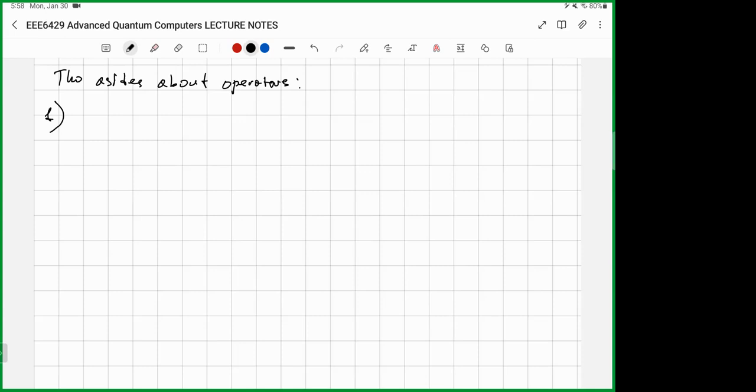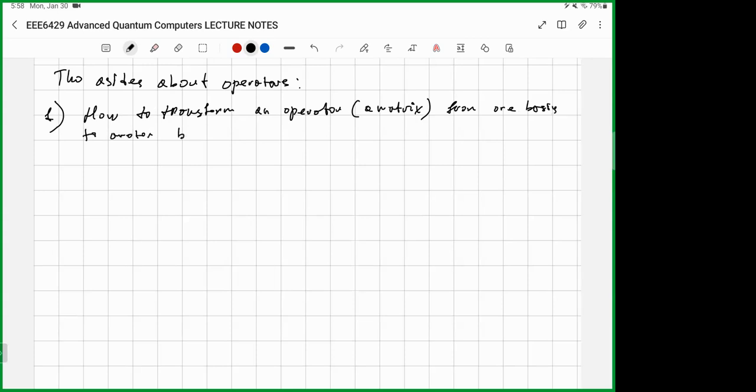And so let's ask the question: how to transform an operator or a matrix from one basis to another basis?